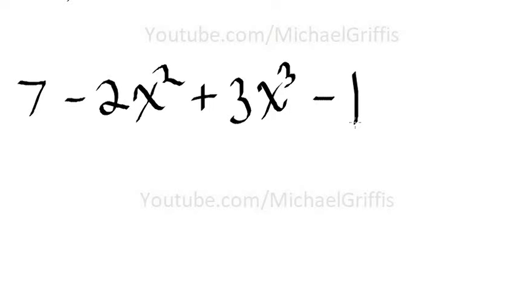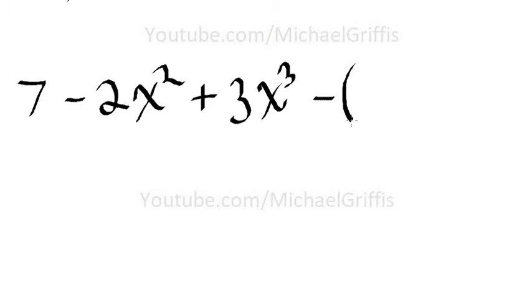Is there anything that we can do here? Wait a minute. Okay, hold on just a second. 3x cubed. I ended up looking at something else. All right, let me get rid of that. Cut that out of there.